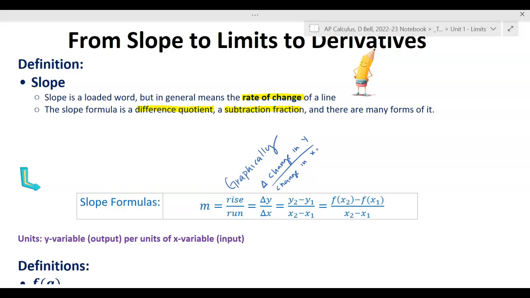Y2 minus y1 over x2 minus x1, that's the point formula. Given 2 points, we find the difference in the y's over the difference in the x's. And f of x2 minus f of x1 over x2 minus x1, this is just function notation.